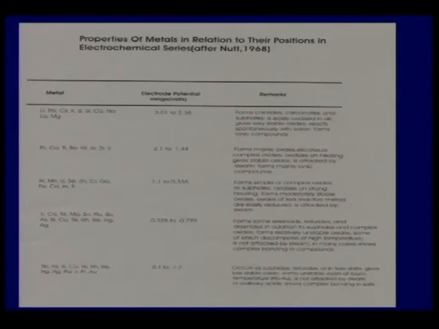Oxides of less reactive metals are easily reduced, and they are attacked by steam. Then we come to this group, which are again less reactive, with values of electrode potential from 0.335 to minus 0.799.